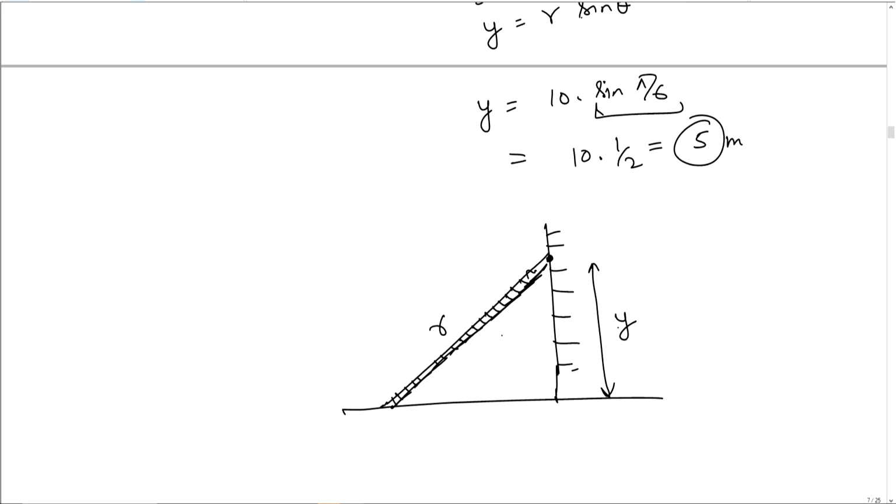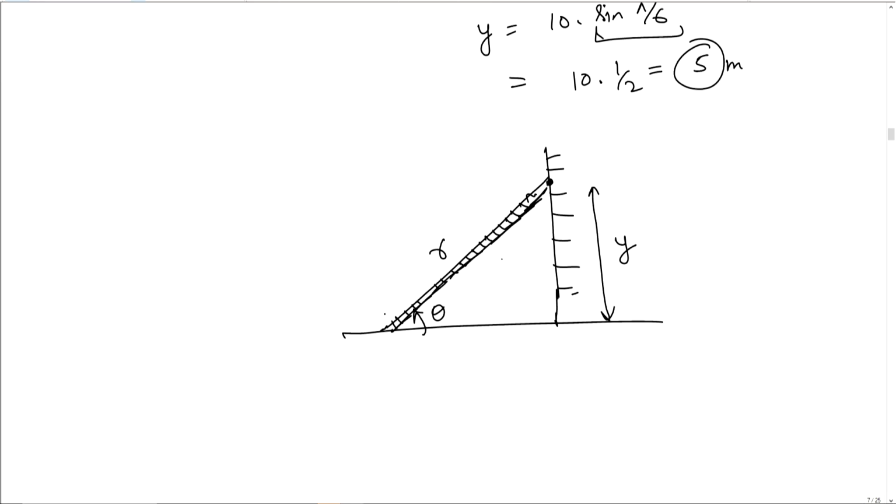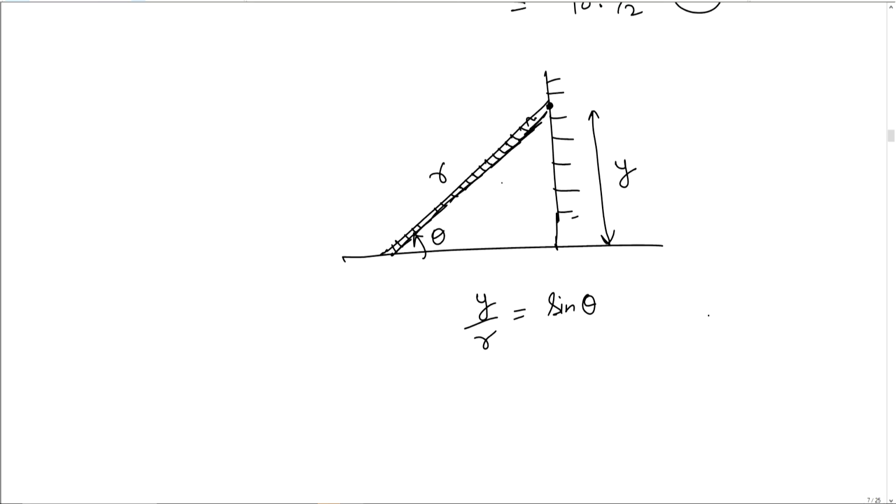Let's say that height is y. Our task was to find the angle that the ladder forms with the ground. We need to find this angle theta. Now you know from what we have derived that y by r is a function of theta, and what function? Sine theta. So y by r is a sine function of theta. Okay, so we know y and r.